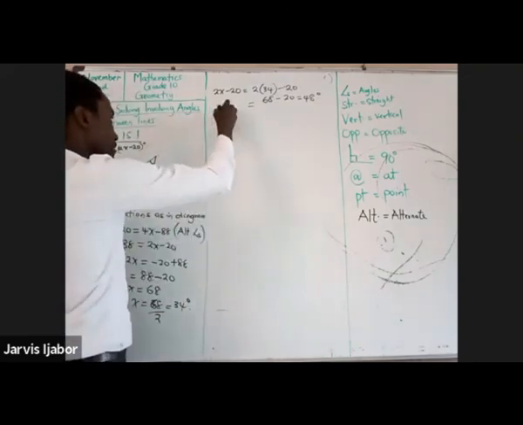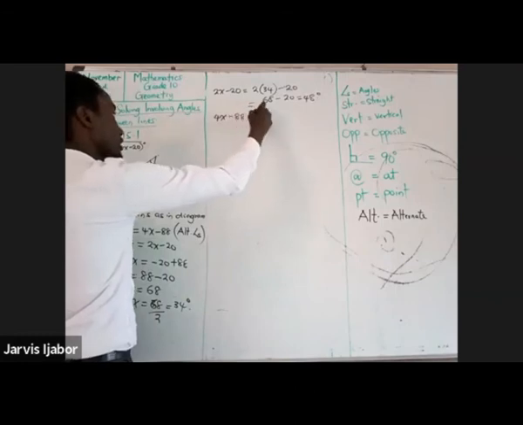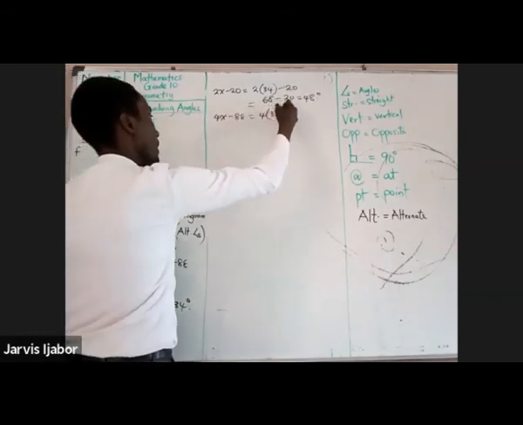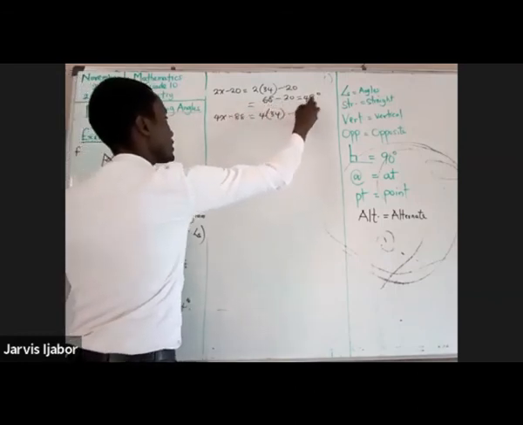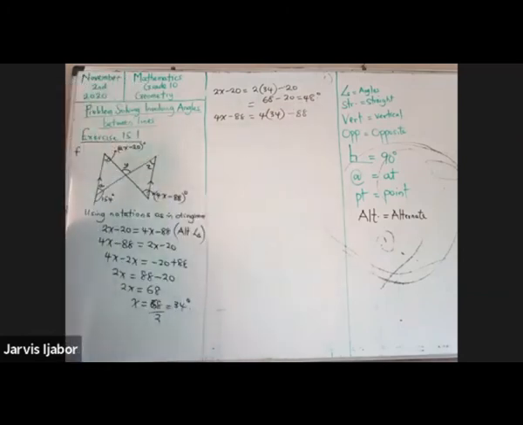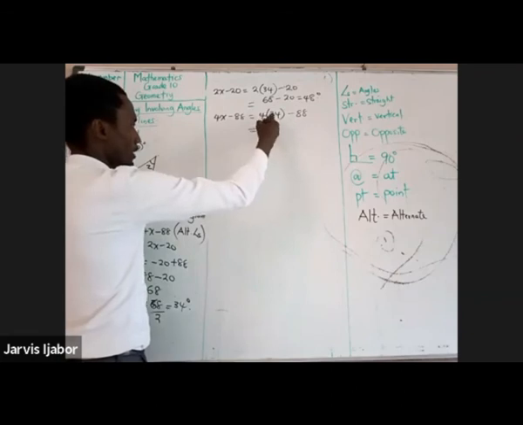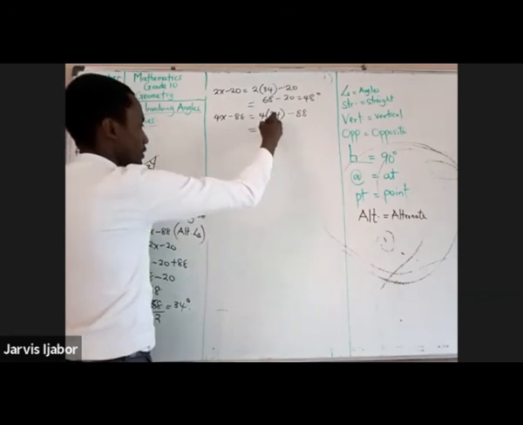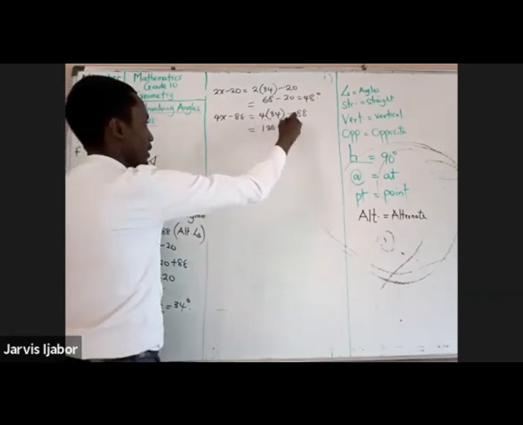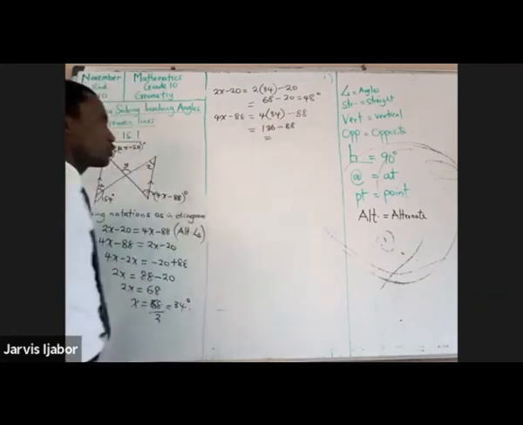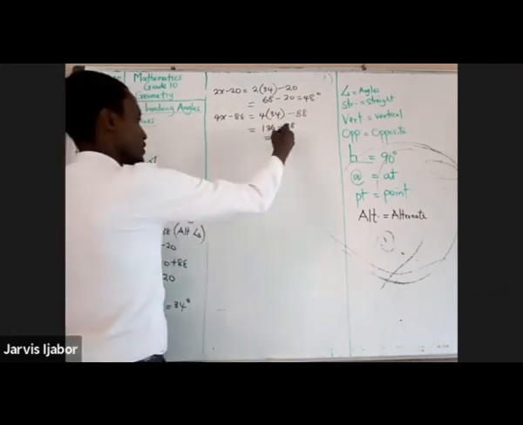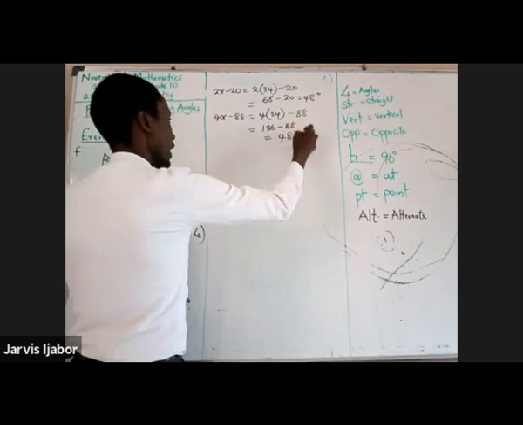Now, 4x minus 88 will be 4 into 34 minus 88. So this will give me 136 minus 88, which invariably will be 48 degrees, I hope.